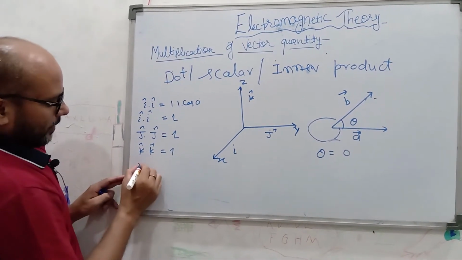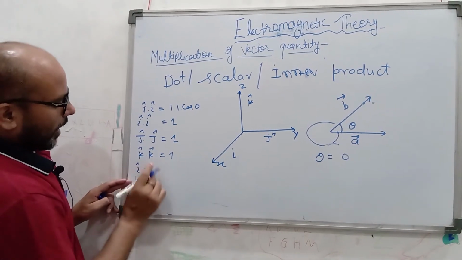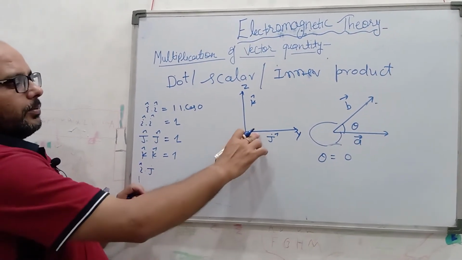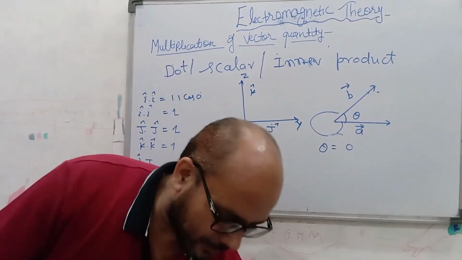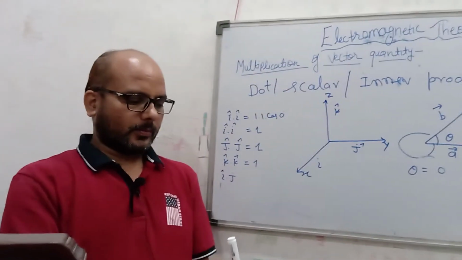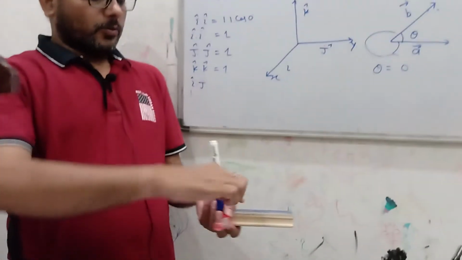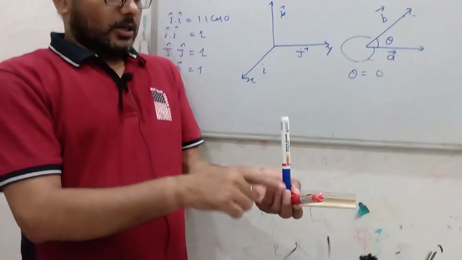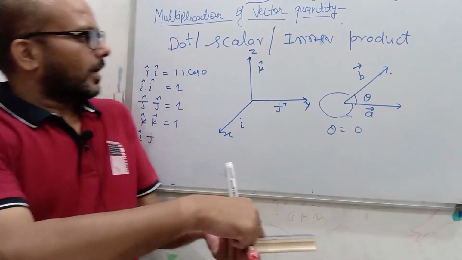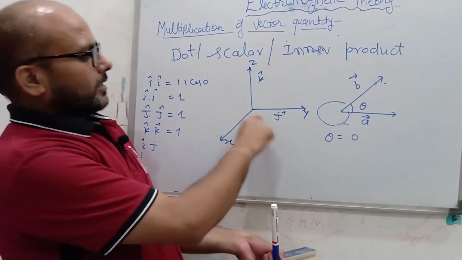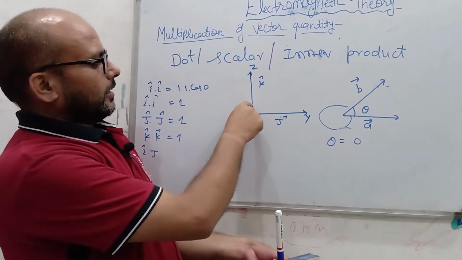Now i dot j. i dot j means the angle is 90 degrees, just like this. Okay, x axis, y axis and z axis. So the angle is 90 degrees. Clear? So the angle between the x and y axes is 90. This is 90, this is also 90.